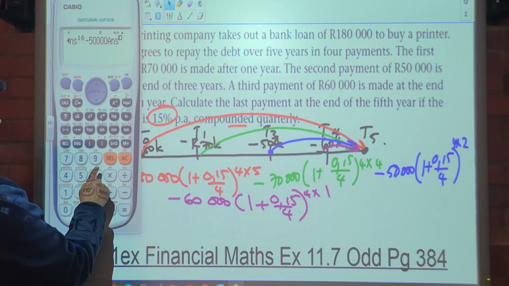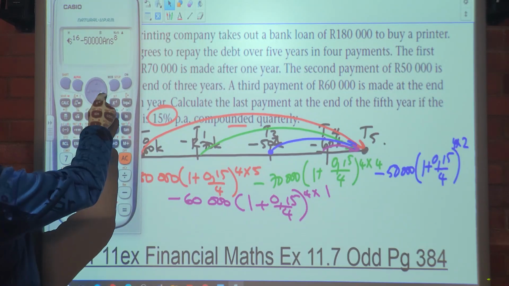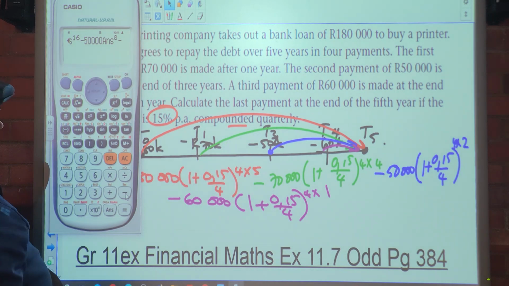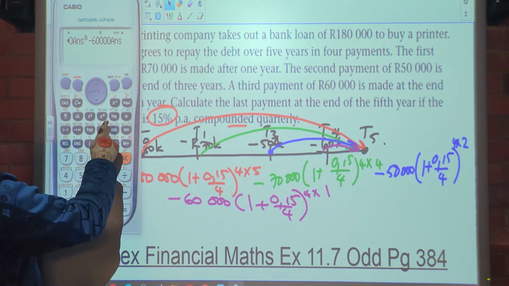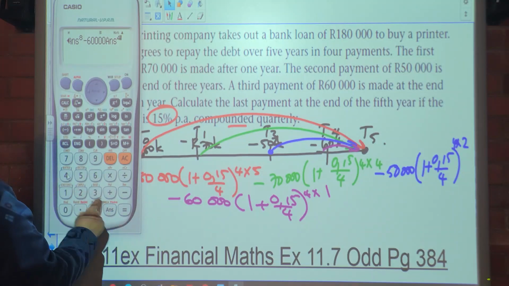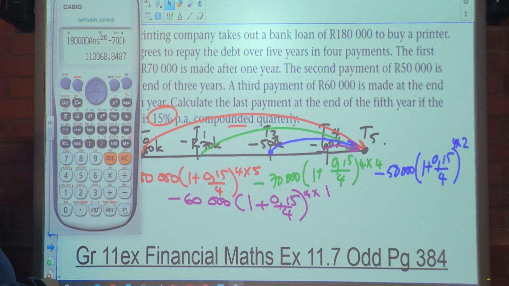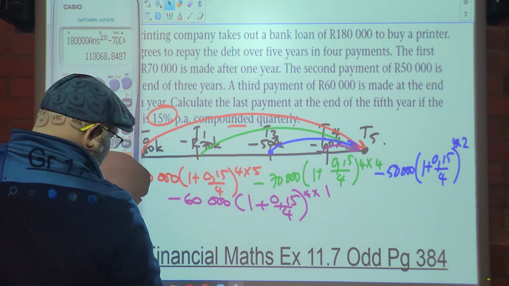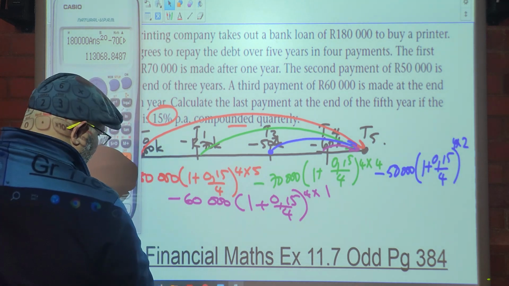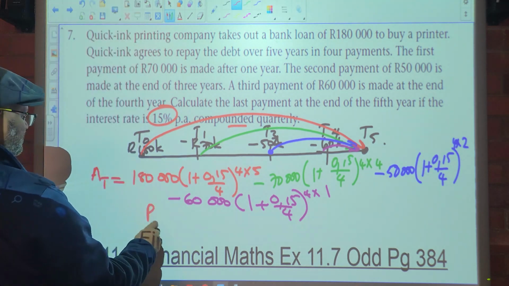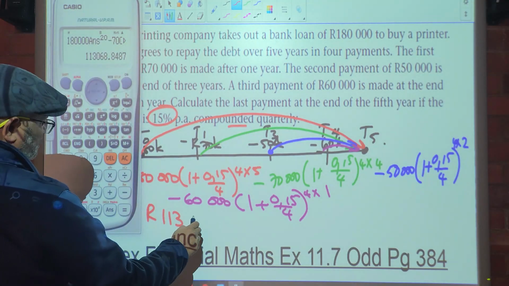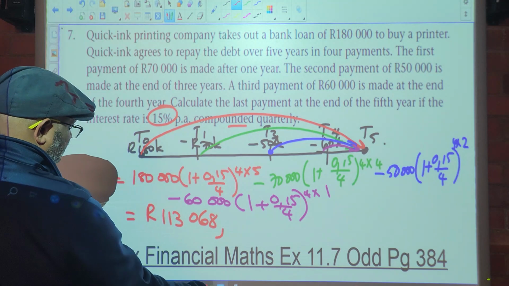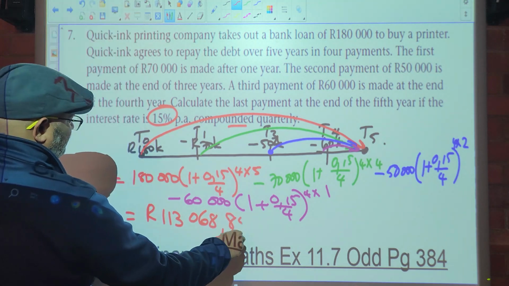Is 8 correct? Minus 60,000 answer exponent 4. The answer is 113,000. Is that correct? Very high. It's 113,068 rand and 85 cents.